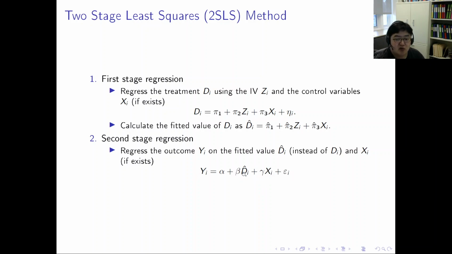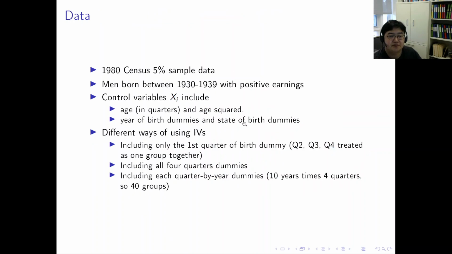The coefficient of the fitted value becomes the causal effect of education on your earnings. So we are going to implement that. As you can see, it is clear, just two regressions. You can use regression twice, and I will show you how to do that in Stata.